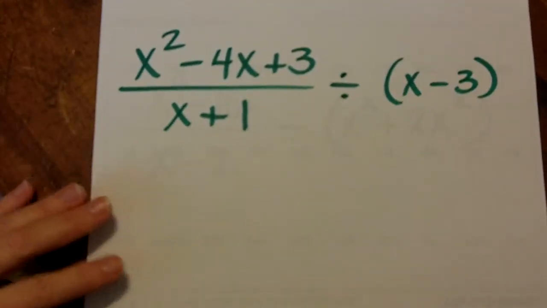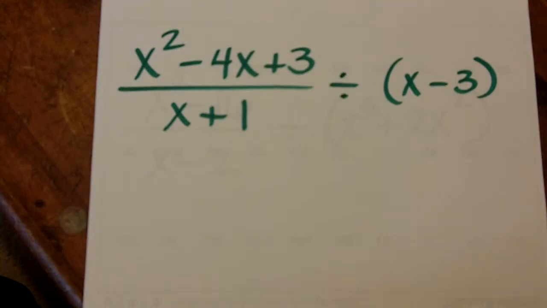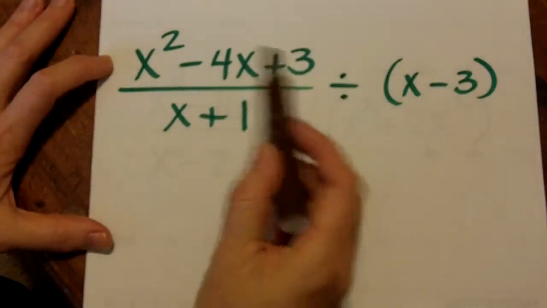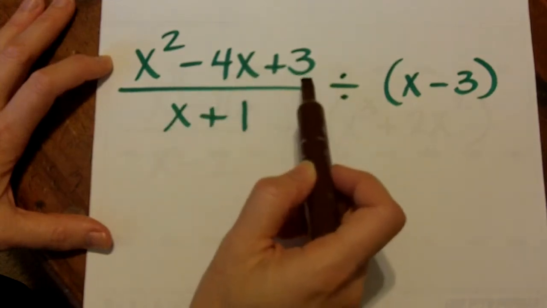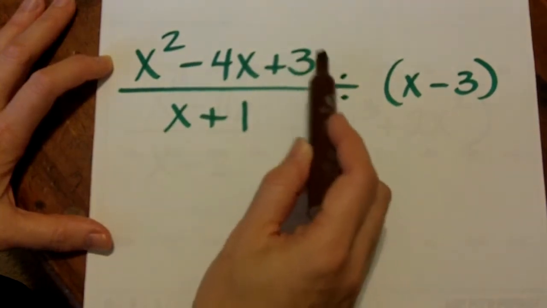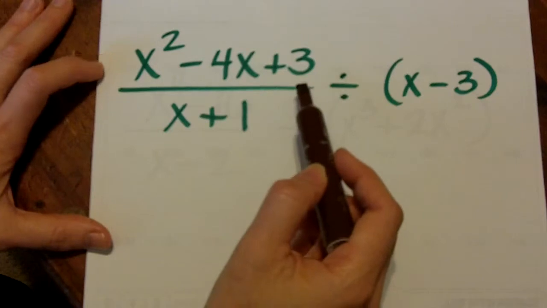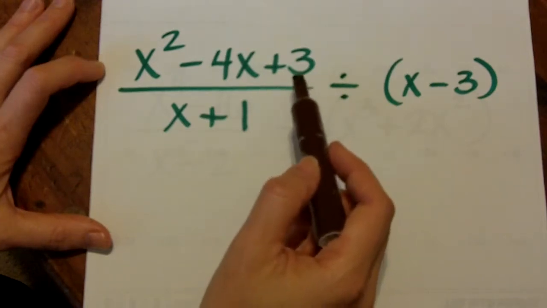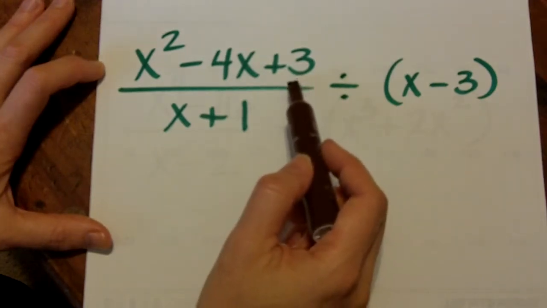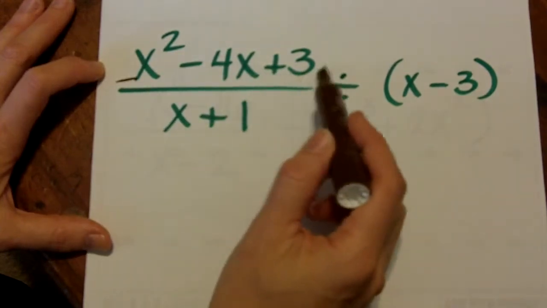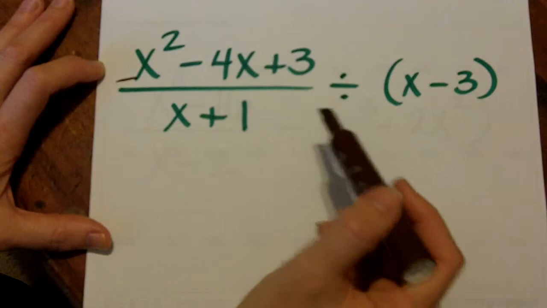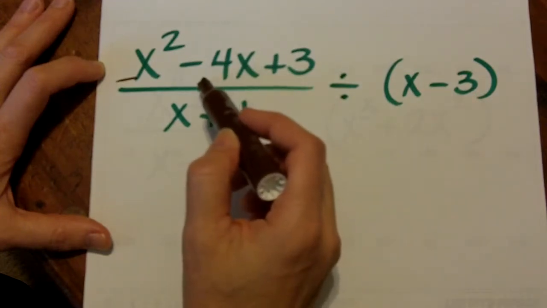Now this one is a little bit different. We have the top end. I can see that I can factor this, okay? There's no GCF. It's not a binomial. It certainly is not a perfect trinomial square because I can't take the square root of 3. So it is a simple trinomial problem. All I have to do, because there's nothing in front of the x squared, is think of factors of positive 3 which are going to add up to negative 4.